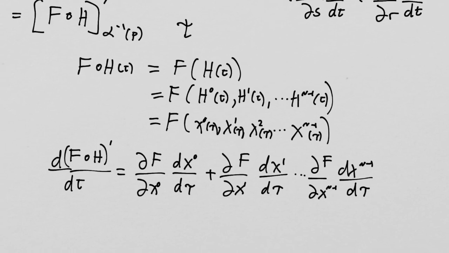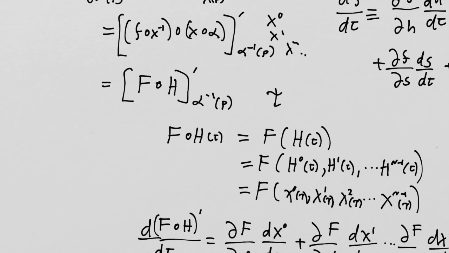And I'm going to write this as just the sum of the partial derivative with respect to the ith coordinate of f evaluated at, where's that evaluated at?